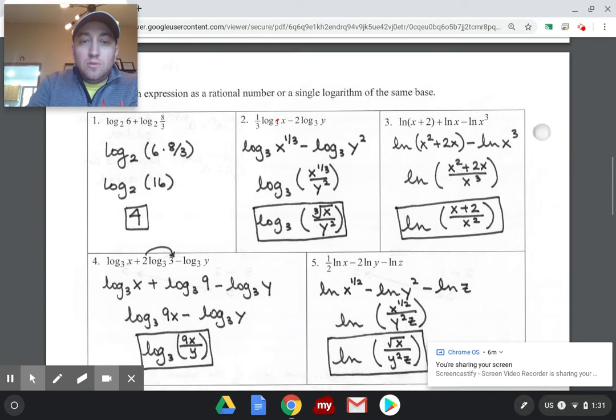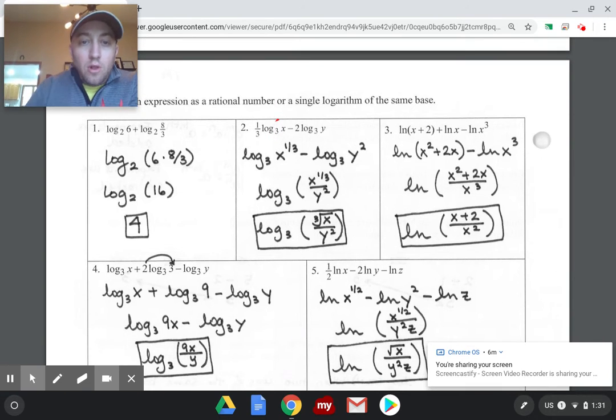Question number 2, 1/3 log base 3 of x minus 2 log base 3 of y. We really need to take the coefficients and bring them back inside the logarithm as the exponent of the argument before you start combining logarithms together.